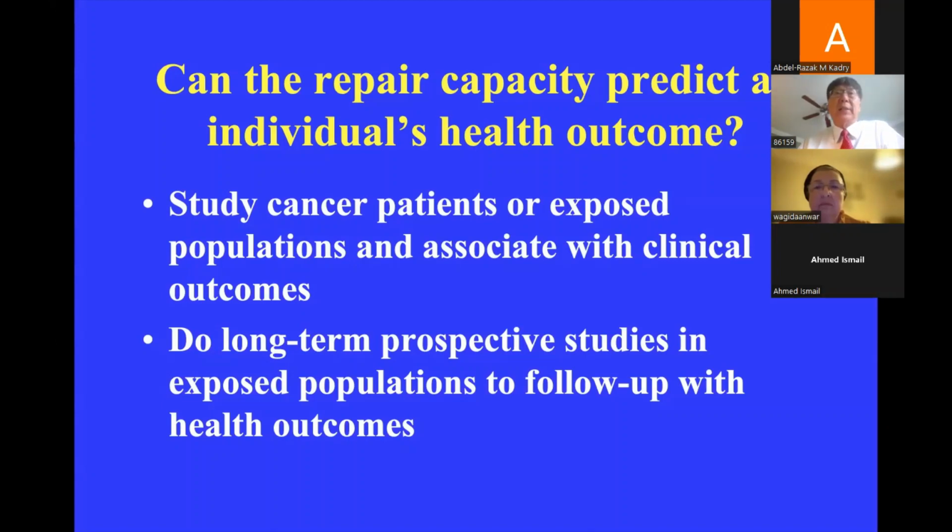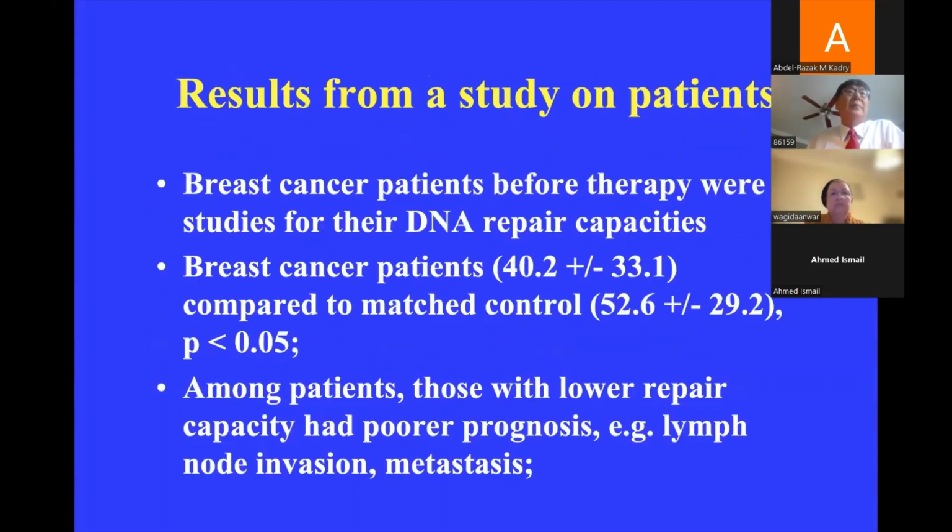We did other studies with cancer patients, and exposure associated with clinical outcome. So these are outcome measurements, and I would present to you our report based on this. Next slide. All right. So we did a study on breast cancer patients.